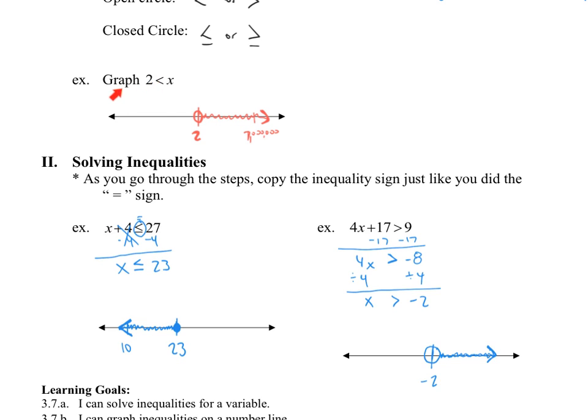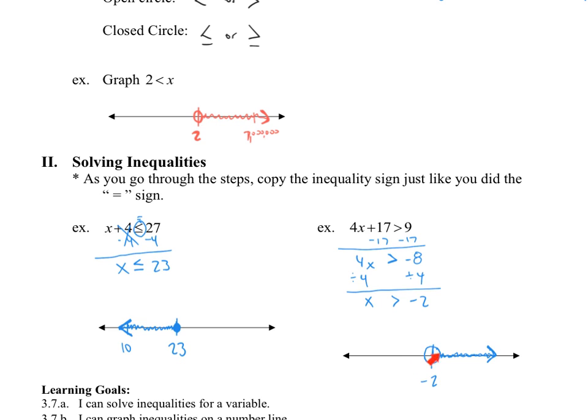It's pointing to the left, but you shade it to the right. So in this one, x is on the left side. If x is over here, then it's whatever way it points. But since x isn't always on the left side, then it's the opposite.